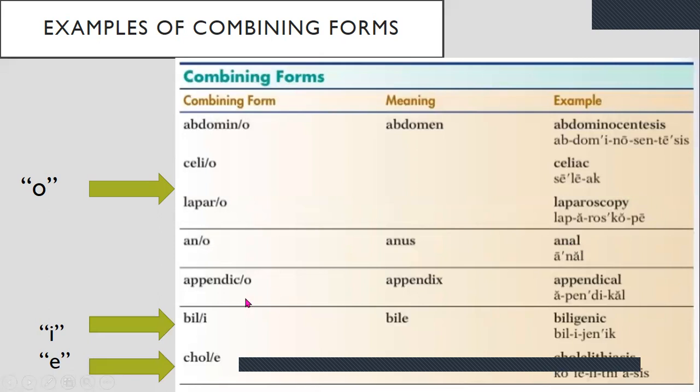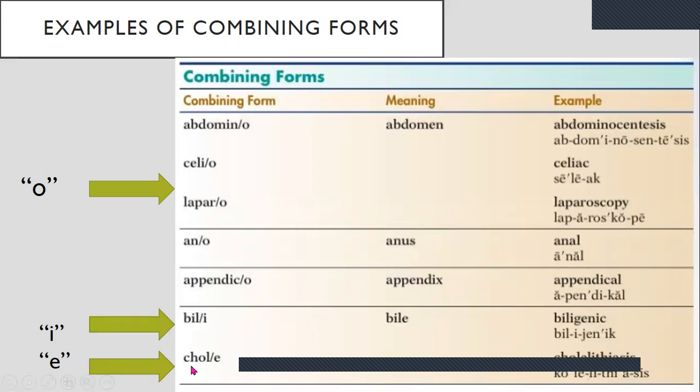Next we have appendix. So we have appendico. If we're going to add the icle, which starts with a vowel, we're going to drop the O and continue with the icle, appendicle. Let's look at bili for bile.